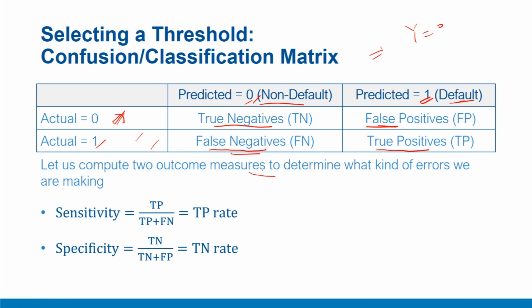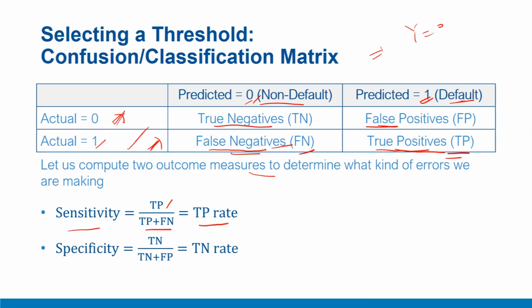Let us look at two very important parameters that are derived out of this matrix. First is sensitivity. Sensitivity is nothing but the ability of our model to correctly classify true positives out of total positive cases. So total positive cases are true positives plus false negatives, the actual ones, which are in the denominator, and in the numerator we have true positives.